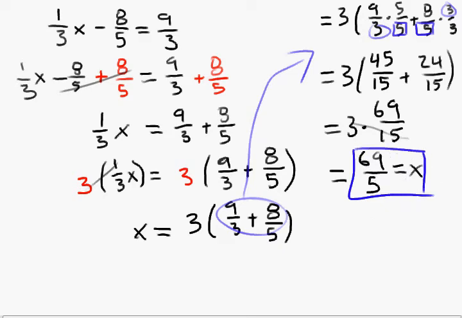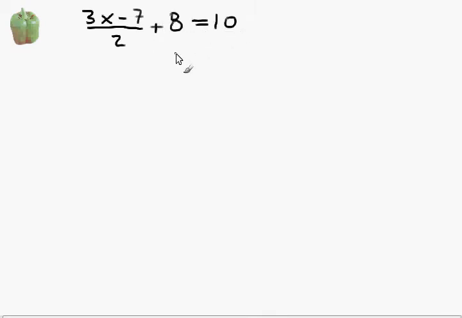I have one last example here, and once again, it's a spicy one. I'm going to take (3x - 7) divided by 2. To this we'll add 8 and we'll set it equal to 10.